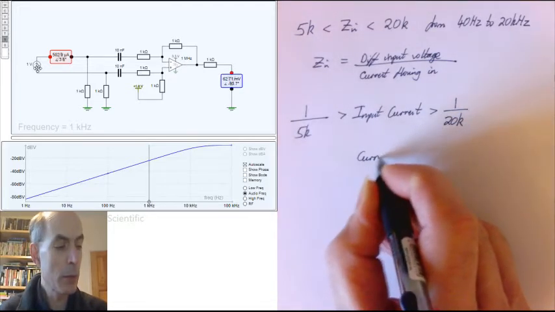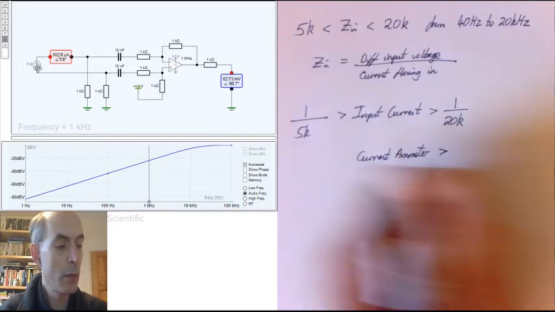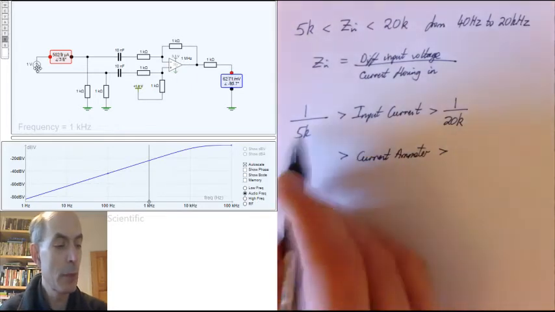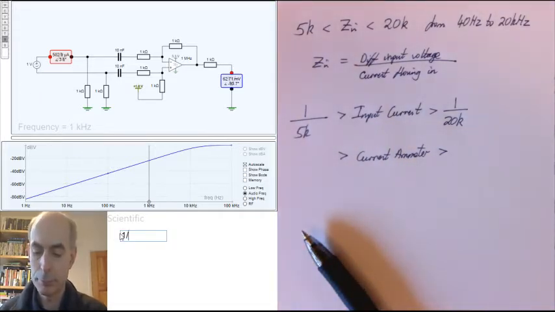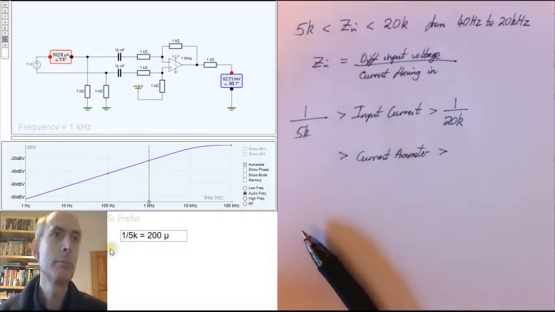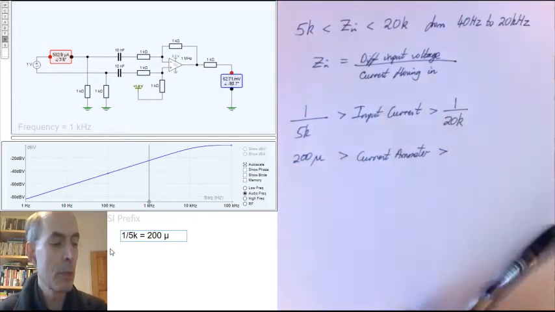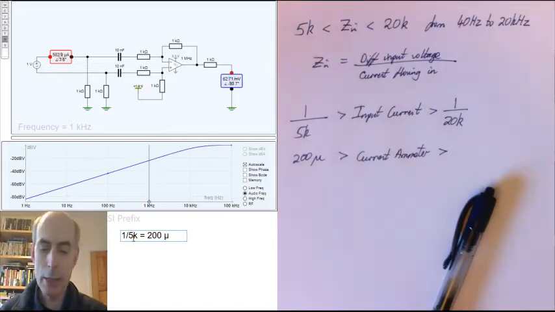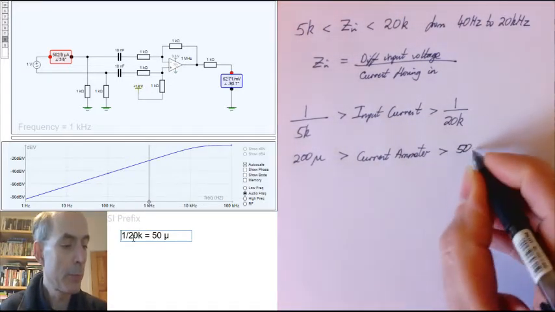Well, that would mean that the current measured by the ammeter should be within the range of 1 over 5k, 200 microamps, and 1 over 20k, which is 50 microamps.